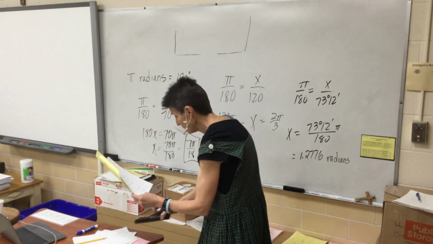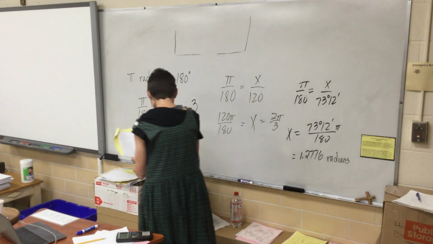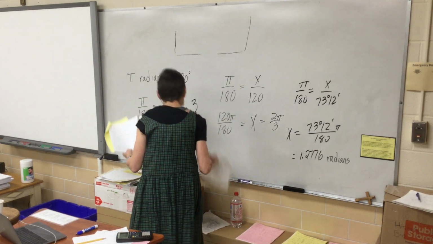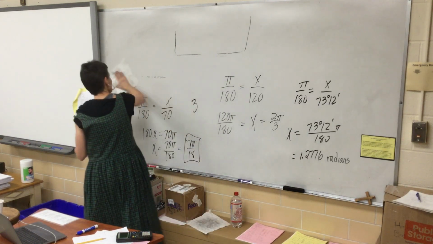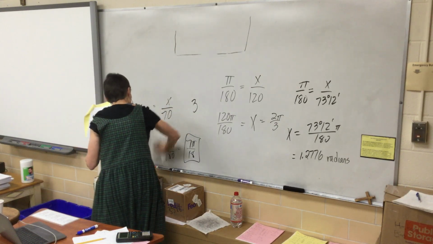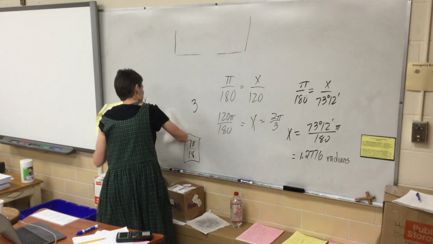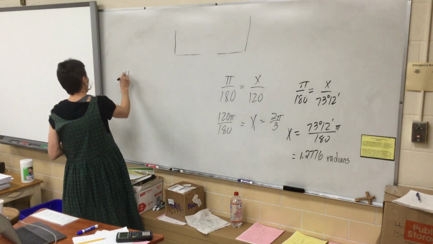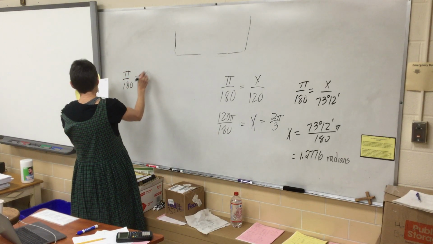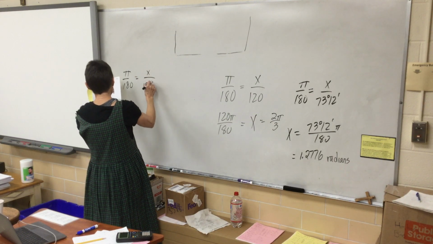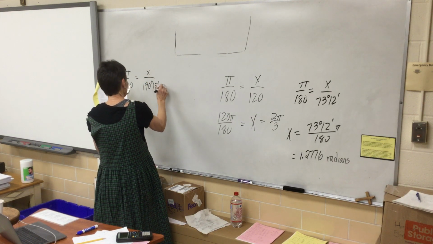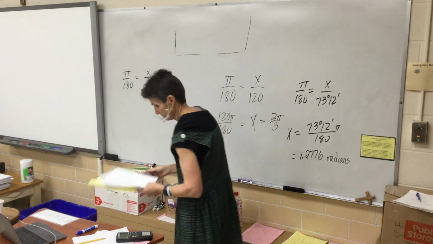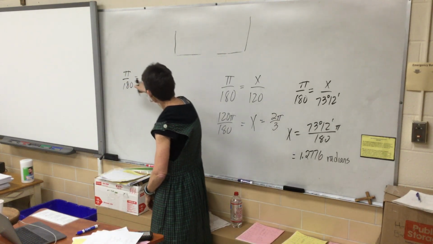All right, let's do B. 190 degrees, 18 minutes, 51 seconds. We're changing it to radians. We're allowed to use our calculators, thank goodness, because it's a big angle. So pi over 180 equals x over 190, 18, 51. So you're solving for x.